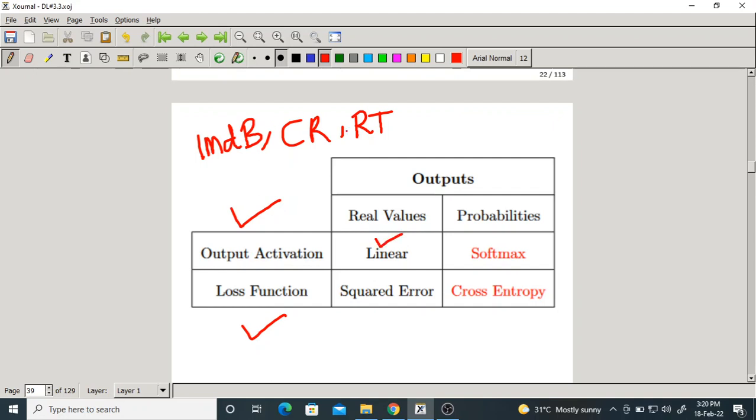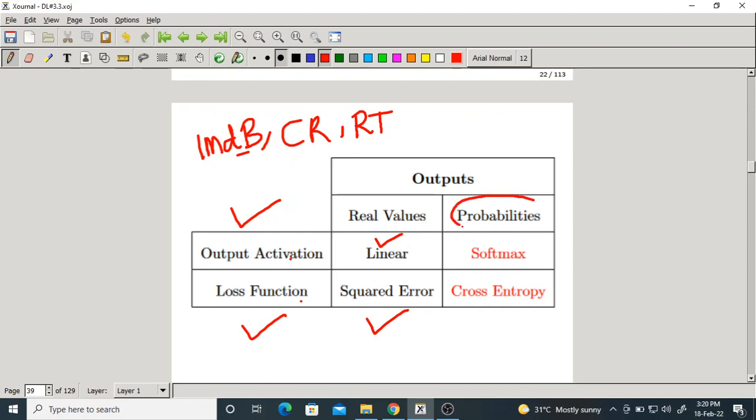Because they are unbounded, not between 0 and 1. The ratings may not be bounded. So we go for linear output activation, and the loss function is the squared error. If the output contains only real values, these are the best choices.